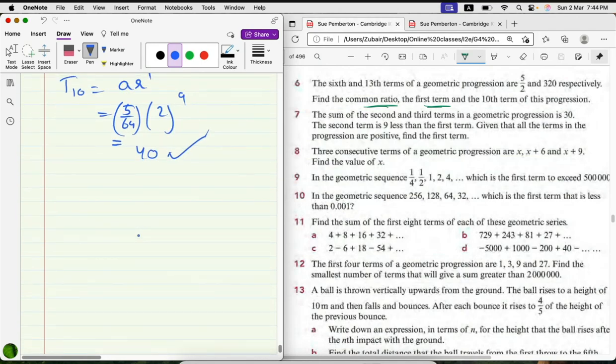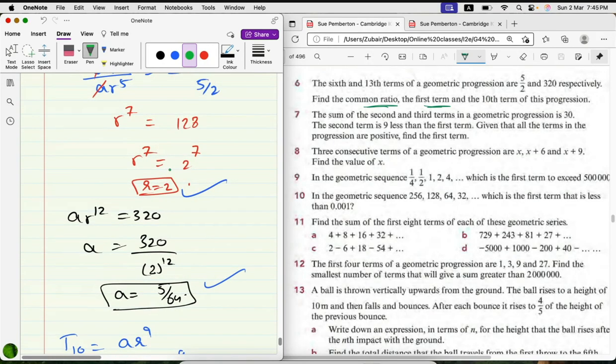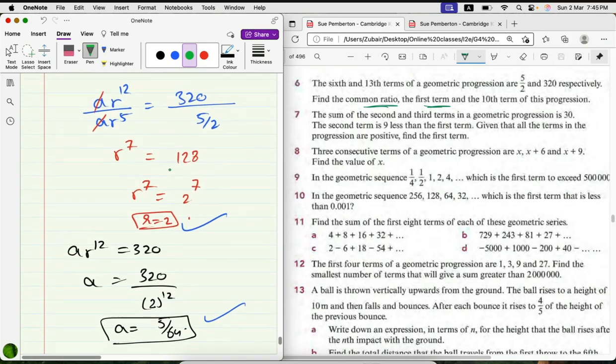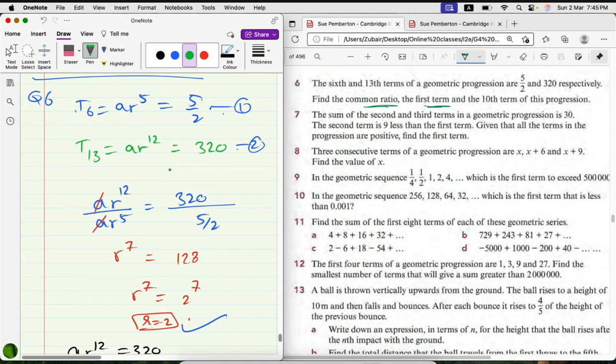Look at question number 7. Did you go back to 6? Yeah. 6 starts from here. Oh, so to get the ratio, we just put them on top of each other, so 320 over 512.